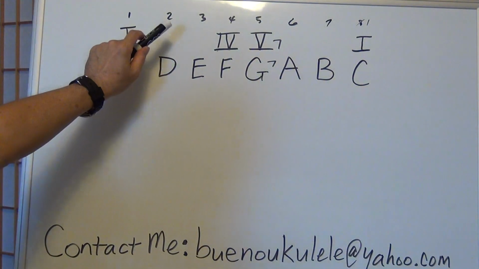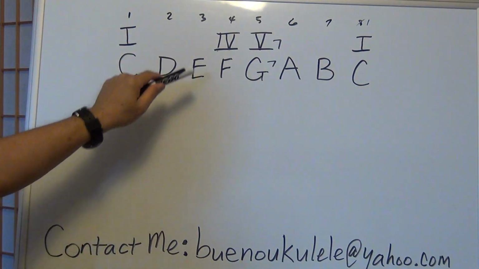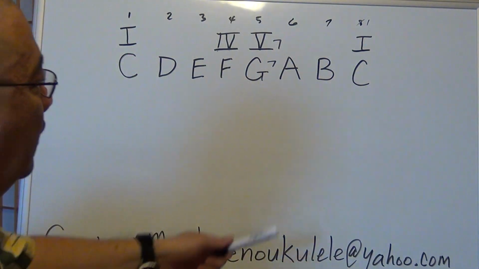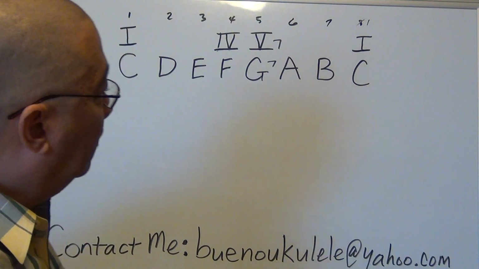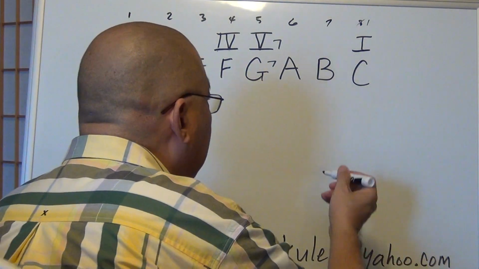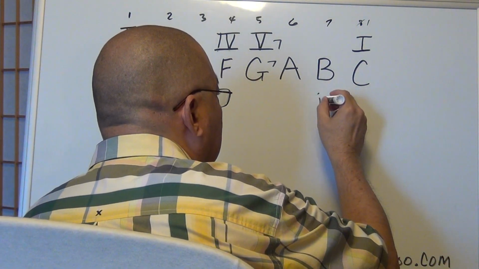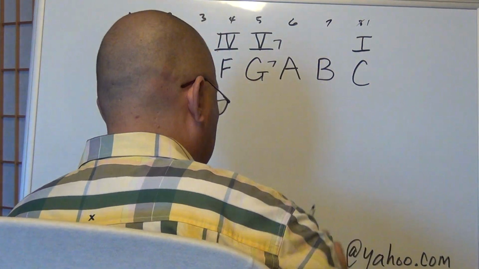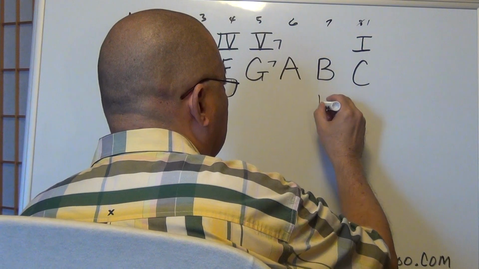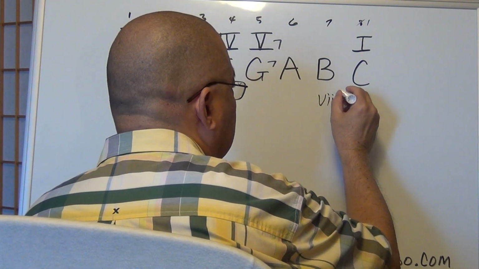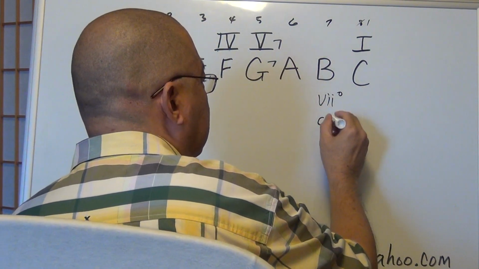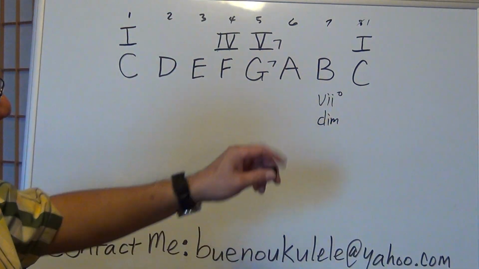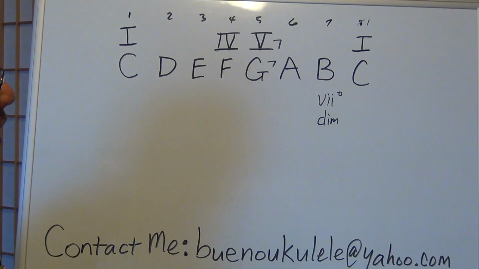Okay, now we're going to talk about the chords in between. We're going to talk about the 2 that needs a name, the 3 that needs a name, and the 6 that needs a name. Now we're not going to talk about the 7 chord, because the 7 chord is actually a diminished chord. We're not going to really learn it at this time.